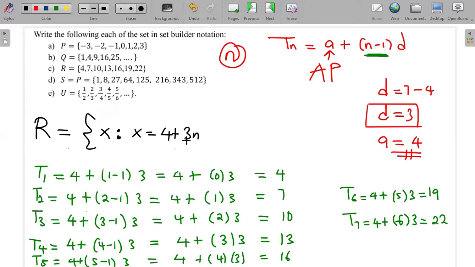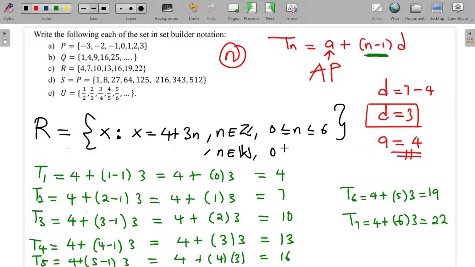Notice I'm just writing 3n there, where the n is an integer, and these integers that we are getting are between 0 and what? And 6. You can represent it like that. Another way, you can write the same way that I've written here, and then after the comma, you can say n is a whole number. And these whole numbers that we are getting are also between 0 and what? And 6. So that's how we can represent that one in roster form.